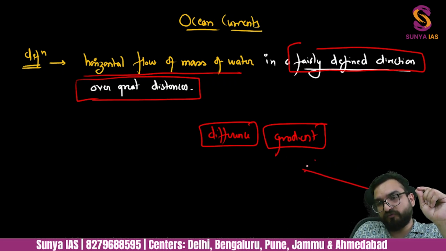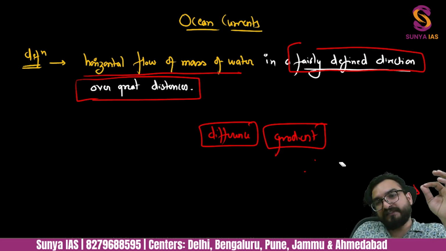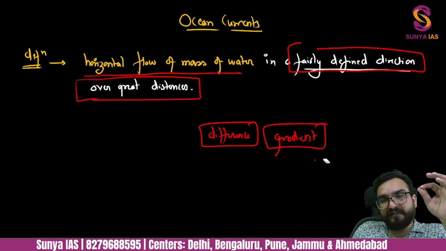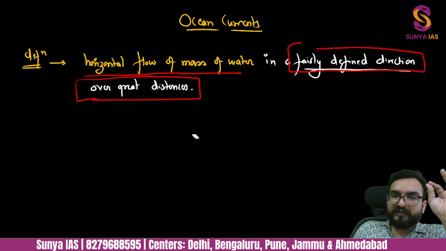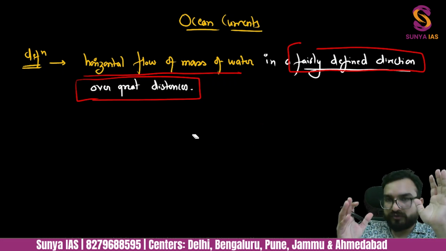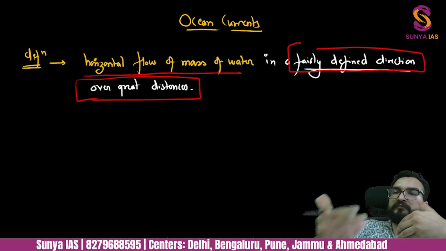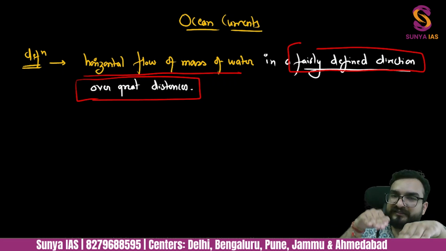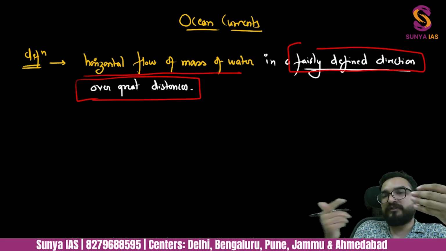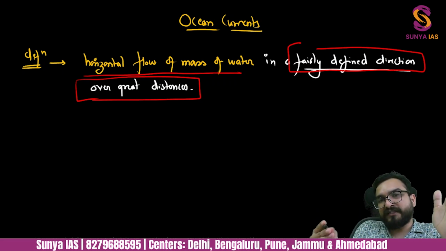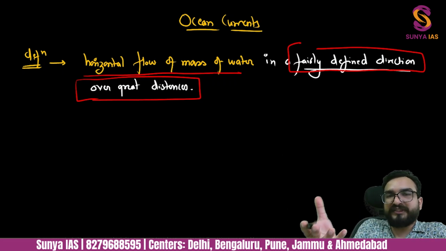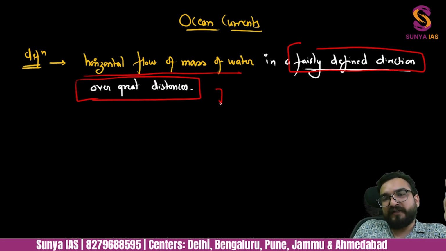Suppose water has to move. If you give this slope, automatically water will be moving. So what do you understand? That a gradient is needed for anything to move, right? Or otherwise you give some force. But naturally, if you want something to move, then a slope, a gradient is needed. Now, how the slope is created, or what are the different factors from which these ocean currents are emerging, we will understand that.